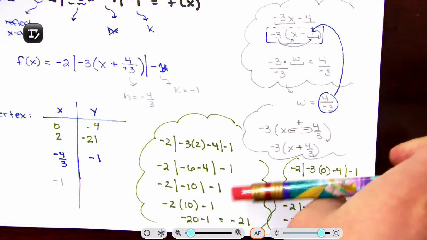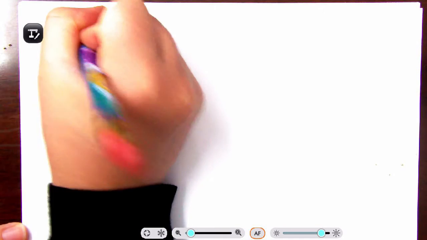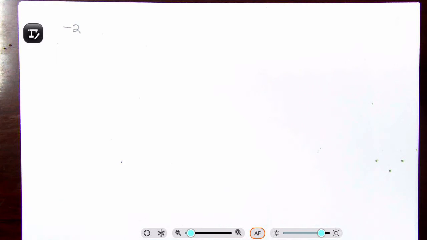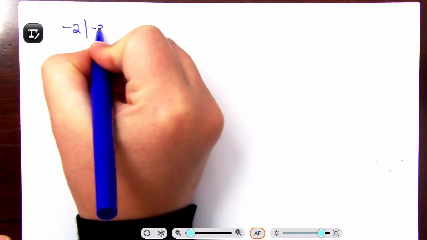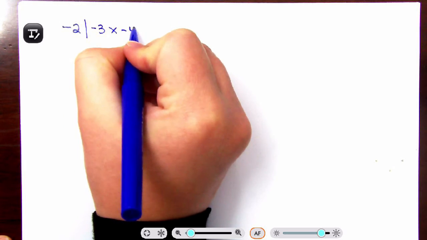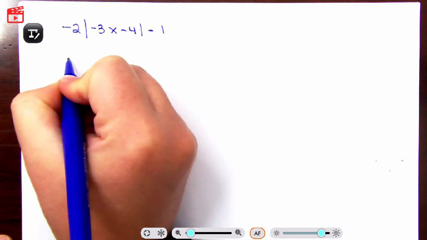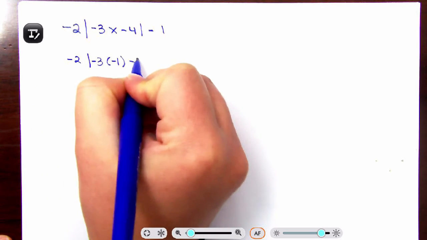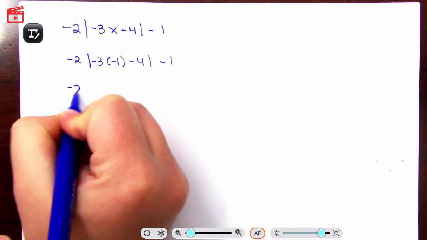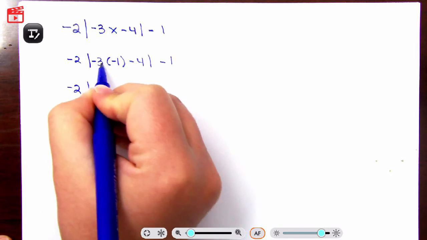Running out of space, I'm going to choose to write on a different sheet of paper here to plug it in. So I have a negative 2. Oh, you guys can't see that. Let's change it. Negative 2 times the absolute value of negative 3, x minus 4, minus 1. We decided to do negative 1 as my input. Minus 4, minus 1, negative 2 times. This is negative 3 times negative 1.